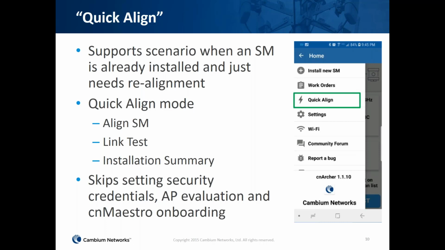In this case, the workflow steps are simply alignment, link test to verify the performance, and then it provides an installation summary. So it skips setting all of the security credentials, running through AP evaluation and cnMaestro onboarding. So it's a quicker install.